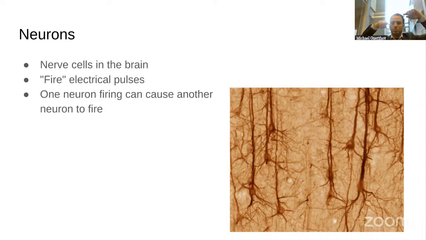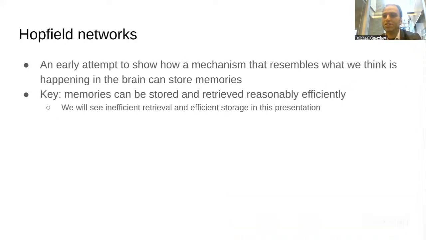Because of that, there could be feedback loops, there can be lots of stuff. So Hopfield's idea is to try to show that you can do something with that kind of computation, where one nerve cell firing causes something to happen with another cell.